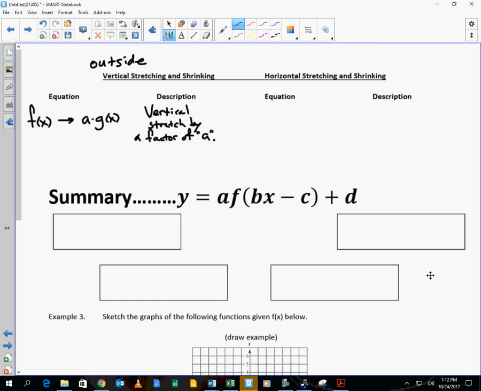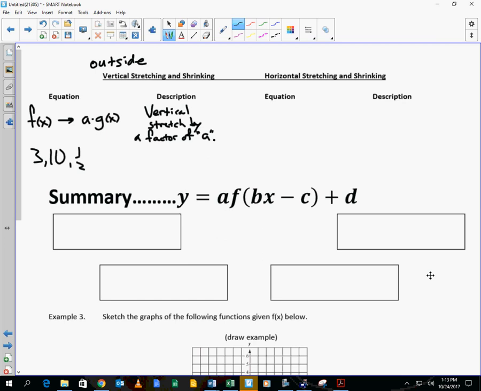So suppose a was 3. Then it's going to be stretched by a factor of 3. Suppose it was 10. Suppose it was 1/2. Then you could say stretched by a factor of 1/2, which is really compressed, right? It's going to be shrunk. That's the way I like to think of it. Whatever number's in front, that's what we do to it.